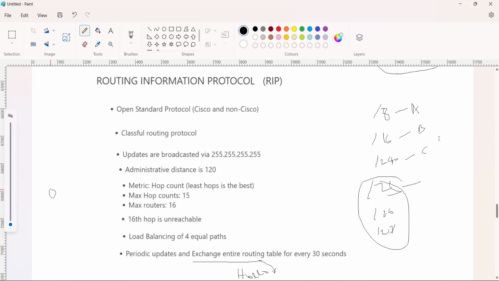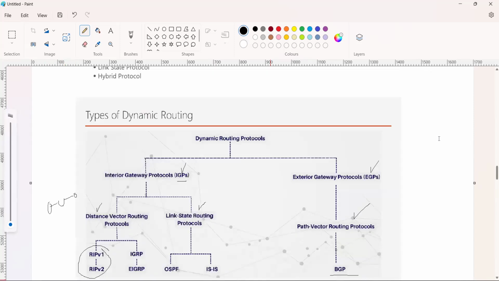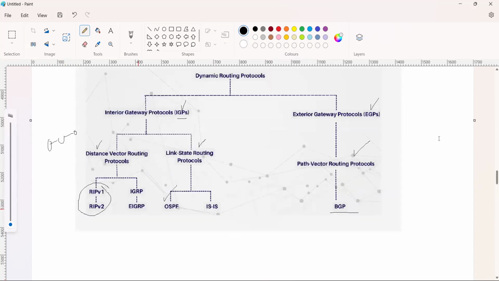We are using mostly OSPF and EIGRP. Apart from that, IS-IS, Intermediate System, is used mostly by ISPs, Internet Service Providers.